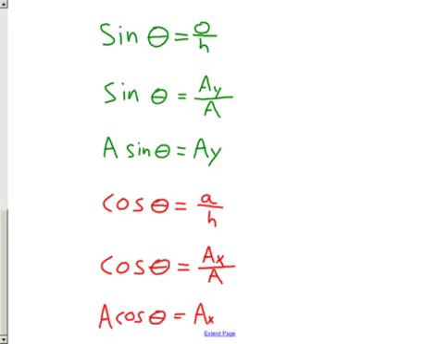So go ahead and pause me, and when you're ready, start me up. Alrighty, there's the answer. Now, do not memorize these. That was just a little practice to get into things. Okay, here's what I want you to remember. The sine goes with the opposite side.